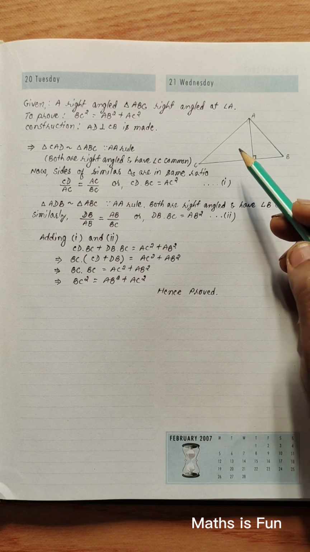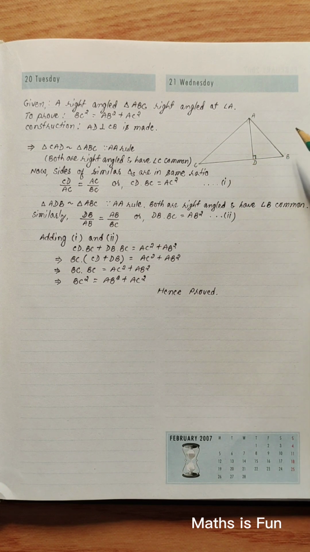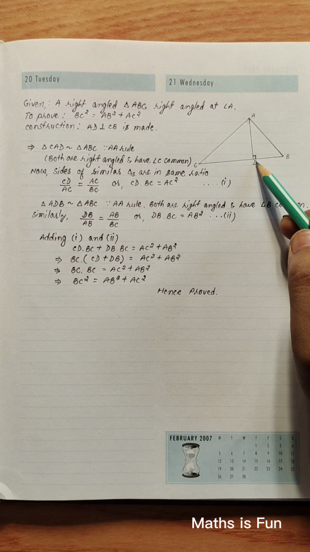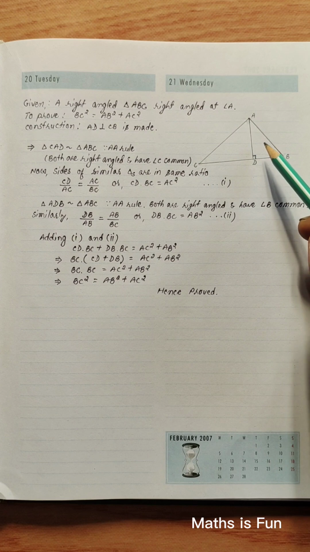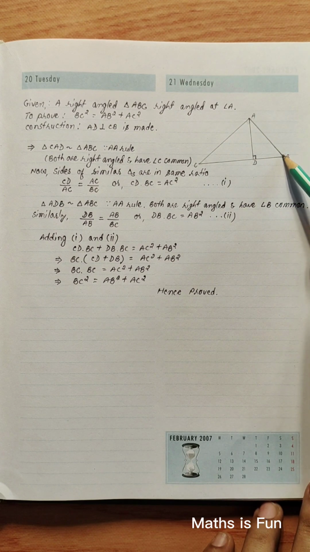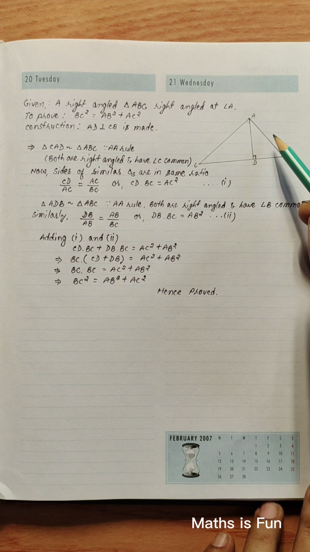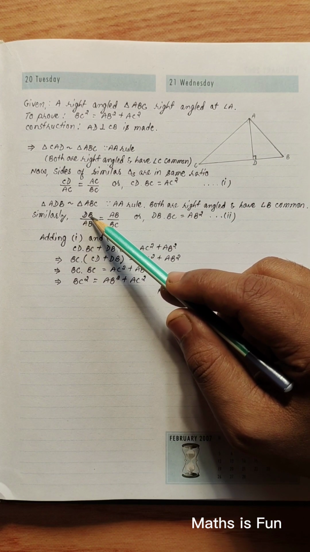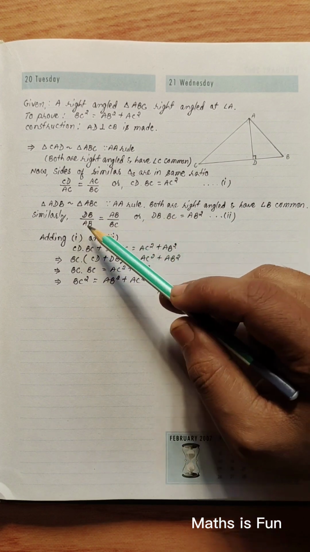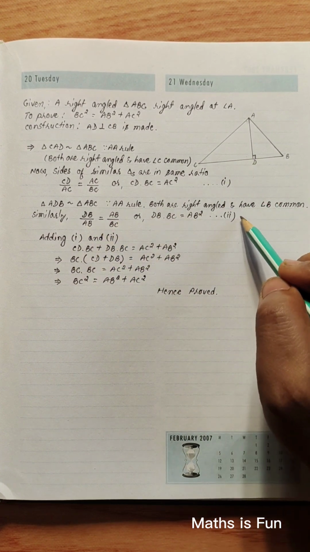So in the similar way we can put the ratios like DB from the smaller triangle divided by AB of the bigger triangle is equal to AB of the smaller triangle divided by BC of the bigger triangle. So we cross multiply. So BD multiplied by BC equals AB square. Now this is our second point.